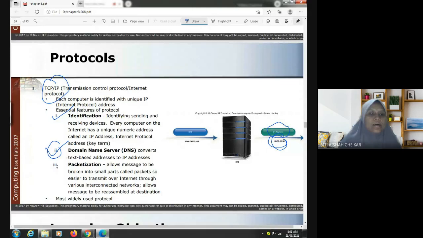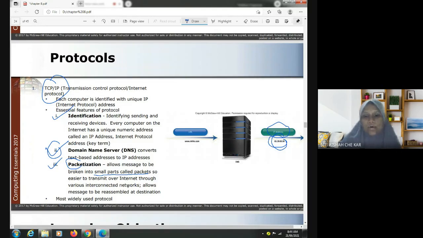And usually the protocol or format by which we send a message, we send in terms of packets. Packet means our message is broken into small parts. If we have a video or an image, in terms of size this is very big.